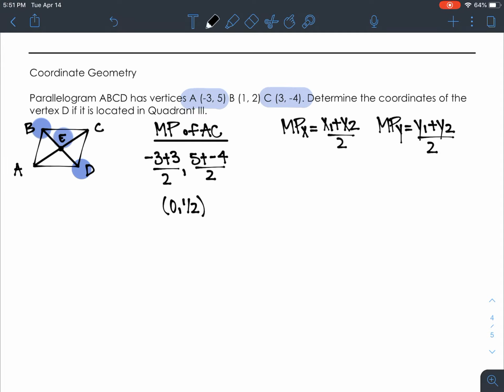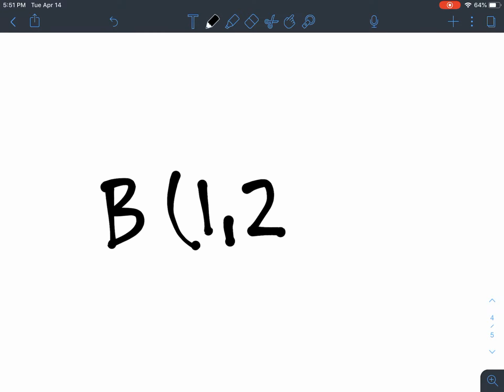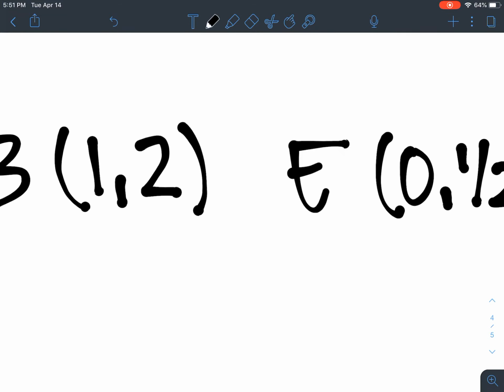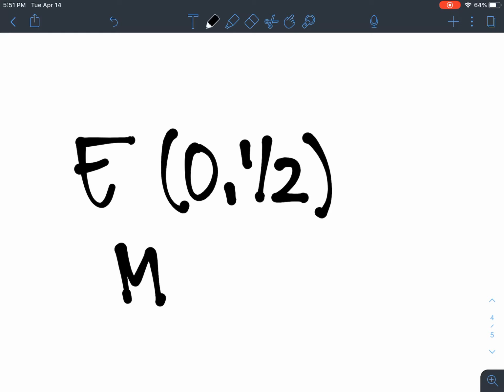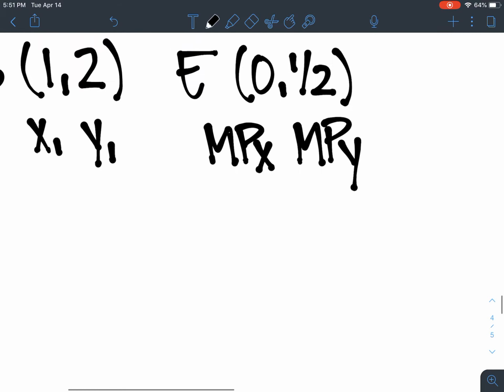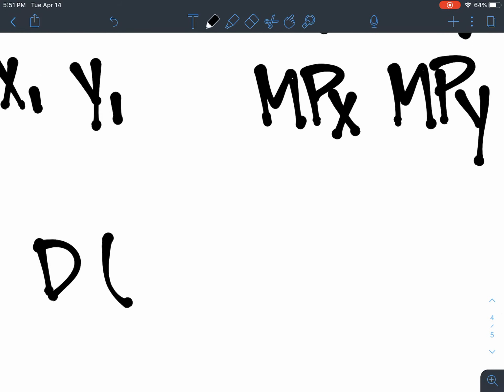What we have right now is B, which is (1, 2), and we now have point E, which is (0, 1/2). Now I'm going to label my B as x1, y1, and I'm going to label my E as MPX and MPY. Do you guys see where I'm going? What I'm trying to find is point D, and point D is going to be x2, y2.